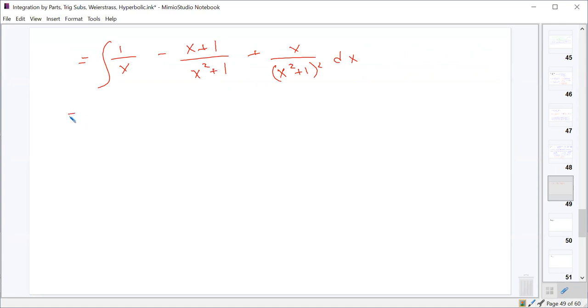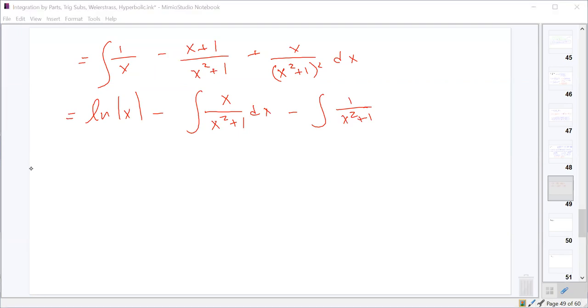All right. So what do we get? Natural log absolute value x. What about this one? x over x squared plus 1, and then minus an integral of 1 over x squared plus 1. And what about this last one?